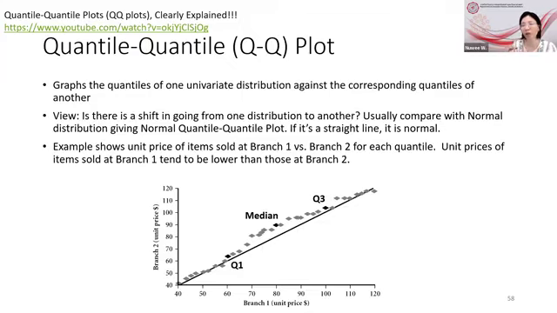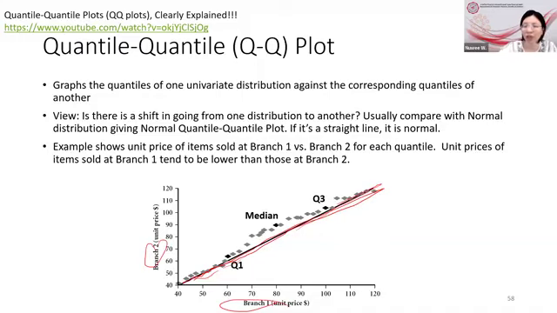A quantile plot is used to compare two datasets, but normally one dataset is a template, that is, a normal distribution, to check whether what you are comparing is normal or not. If it's scattered along the line here, it means it's normal. Or if it's scattered between two different variables that are not normal, if it goes along the line, it means both of the distributions are the same.